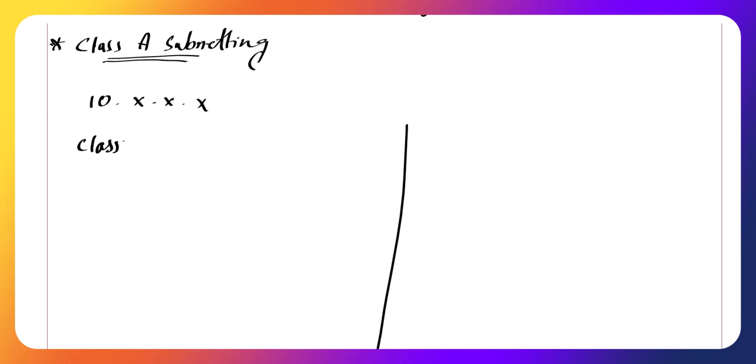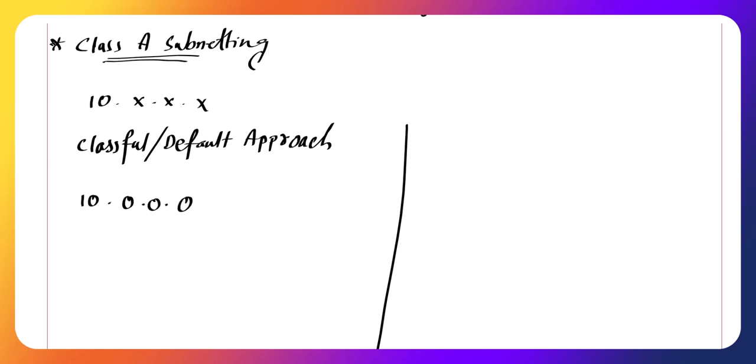First, the default classful approach. Here we have 10.0.0.0. 10 is the prefix part. How do I know? From the default subnet mask. So this one is the network part and this is the host part. 10 is itself a network.